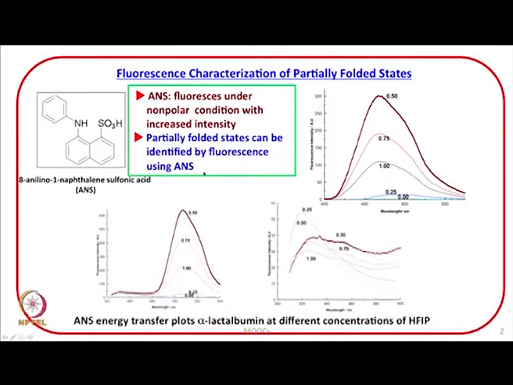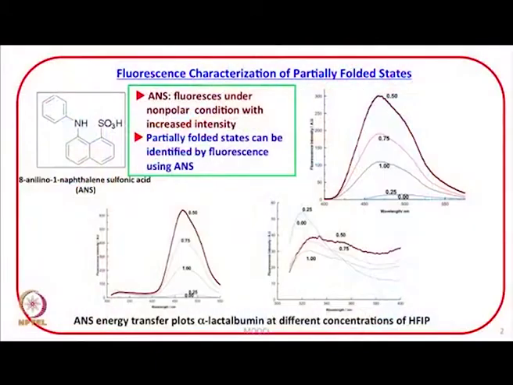So, not only that, the ANS energy transfer, because if the emission intensity or the wavelength at which the emission is observed overlaps with the absorbance, the energy transfer from some amino acid residues to ANS, if there is an overlap between the emission wavelength and the absorbance wavelength, the energy transfer can give information also about the conformation of a protein.